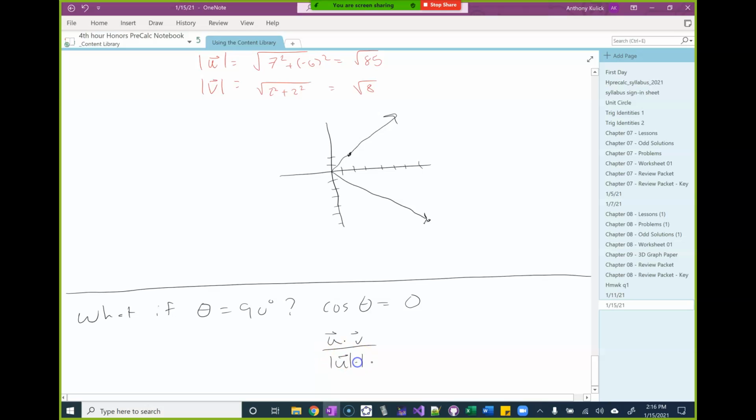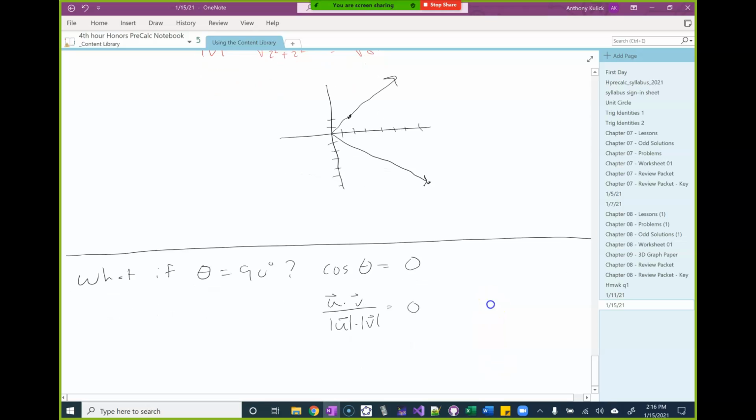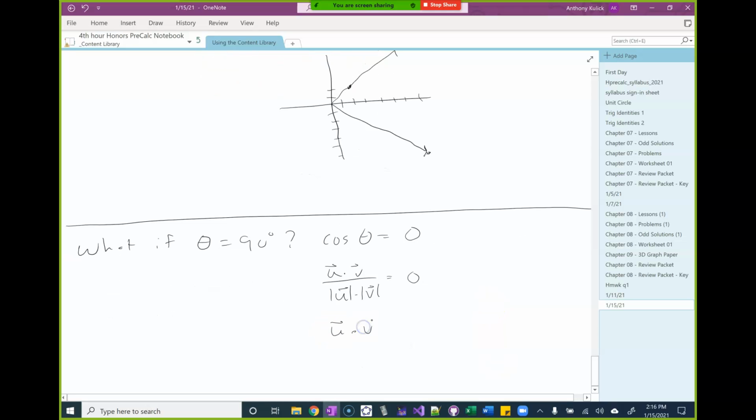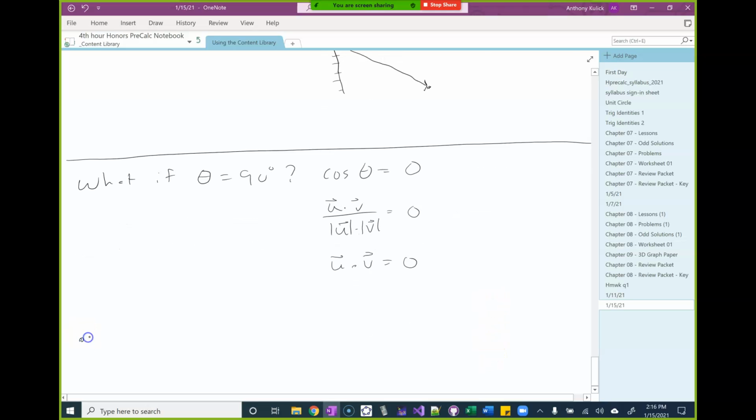And a fraction equal to 0, that becomes a new definition. So we say u and v are orthogonal, 90-degree angle, if and only if u dot v is equal to 0.